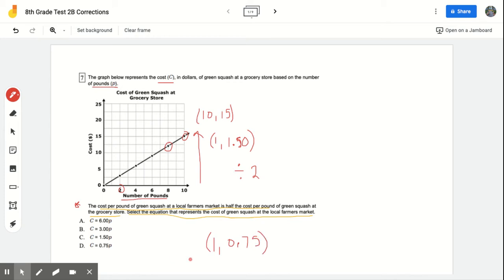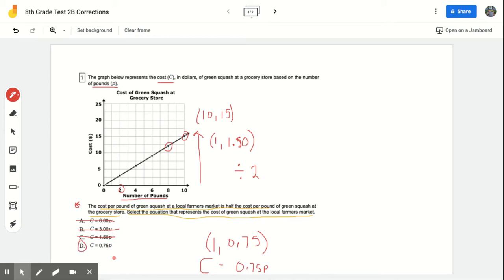Okay, so looking at my options, the cost is equal to 75 cents times the number of pounds. This one shows it's $6 a pound at the farmer's market, $3 a pound at the farmer's market, $1.50, which we know is the price at the grocery store, and this one would be the correct answer.